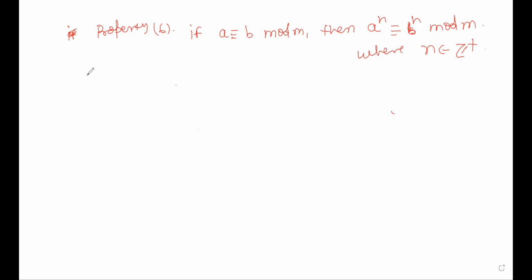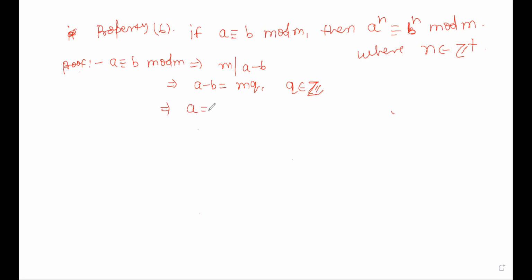So, we give the proof. Since A is congruent to B modulo M, this implies M divides A minus B, and this implies A minus B equals MQ for some Q in Z, Q an integer. By the definition, A equals B plus MQ.